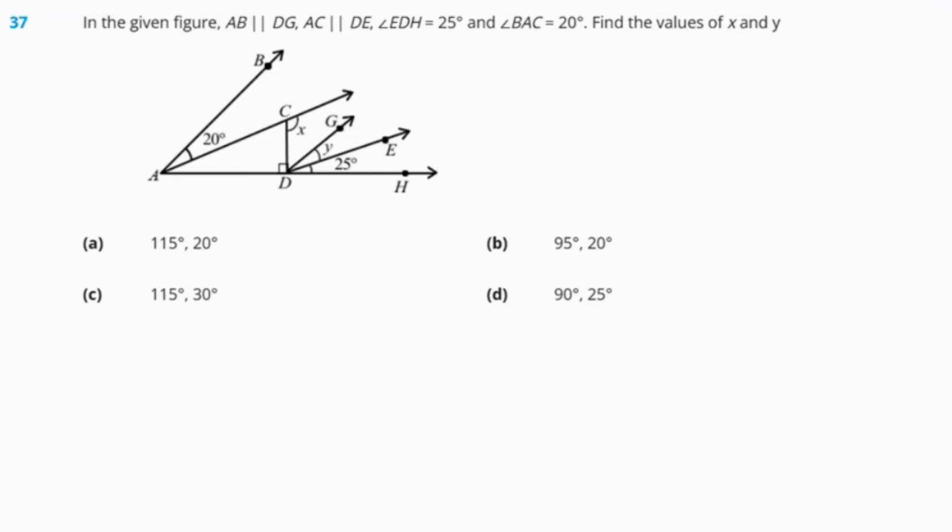So for that, since in the question AB is already given to us, which is parallel to DG. AB is parallel to DG. Now AC is going to be parallel to DE.